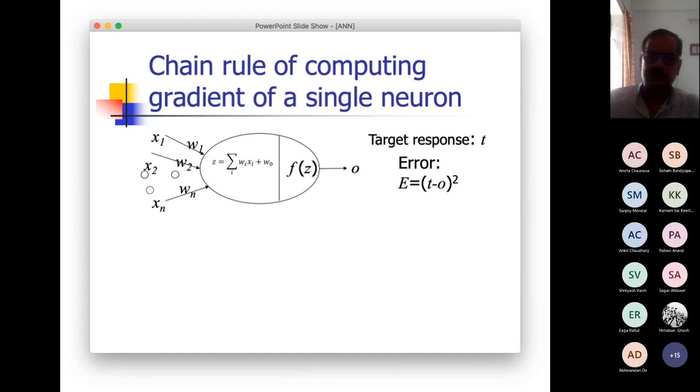When you compute the gradient of a function of a variable, suppose it is f(z), you first determine the gradient of f with respect to z, and then, since z is also a function of x, you multiply it with the gradient of z with respect to the respective input variable. So finally, that is a terminal, free variable. There are dependent variables and there are independent variables.